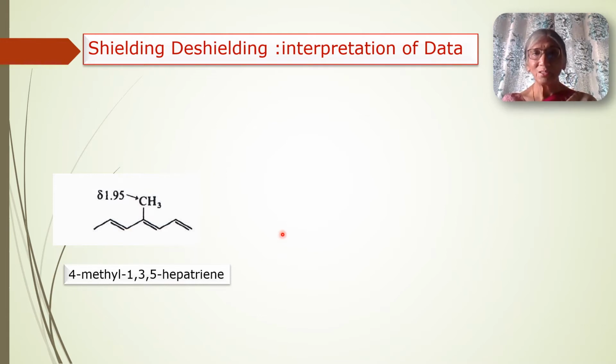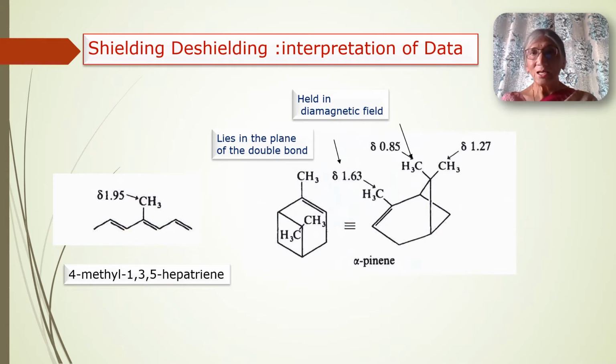Another example is alpha-pinene. In alpha-pinene, there are 3 methyl groups: 1 methyl group and 2 gem-dimethyl groups. This methyl group is in the plane of the double bond.